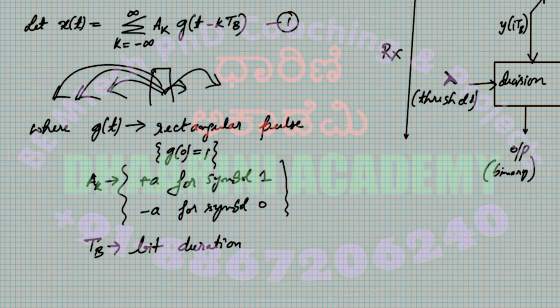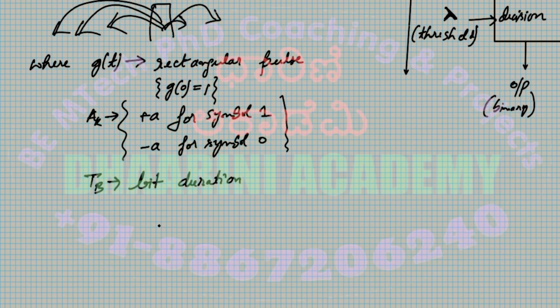Now let's go to the frequency domain. So in the frequency domain, if g of t is the rectangular pulse, let's write one point. Let g of t, which is the pulse, have the Fourier representation denoted by G of f.